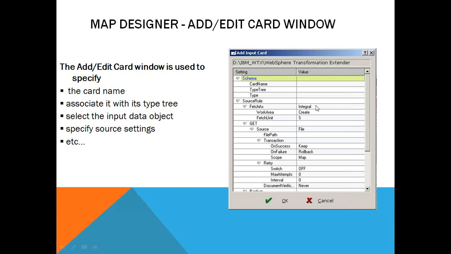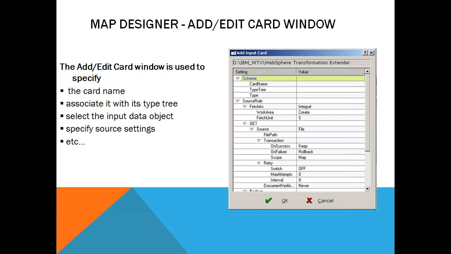Burst mode is for huge volumes of data, and for burst mode you have to set the fetch unit, so that for every number of units it will create an output file. Then get, that is, where your file will come from: file or database. You have to select the adapter. If it is database, you have to give the command: what the select query is, what the database name is, like hyphen query, hyphen db name, space value, hyphen username, hyphen password or hyphen pwd. We'll see one example for the database adapter.